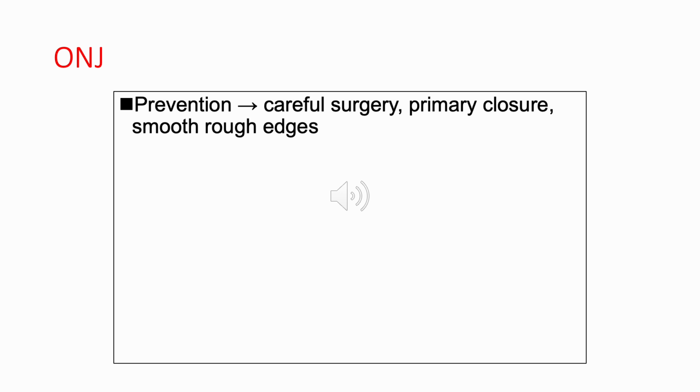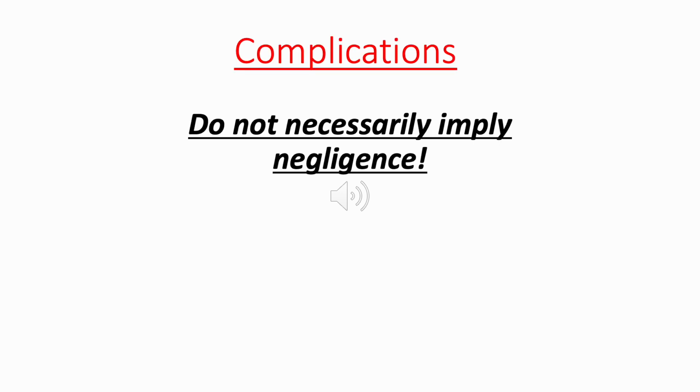So every effort should be made in the setting of IV bisphosphonates to carry out more conservative treatments, root canals for instance, instead of extractions. And if you're forced to do an extraction, use careful surgery, primary closure, smooth the rough edges, cover the patient with perioperative antibiotics, and follow them back regularly to keep an eye out for medication-related osteonecrosis of the jaws.